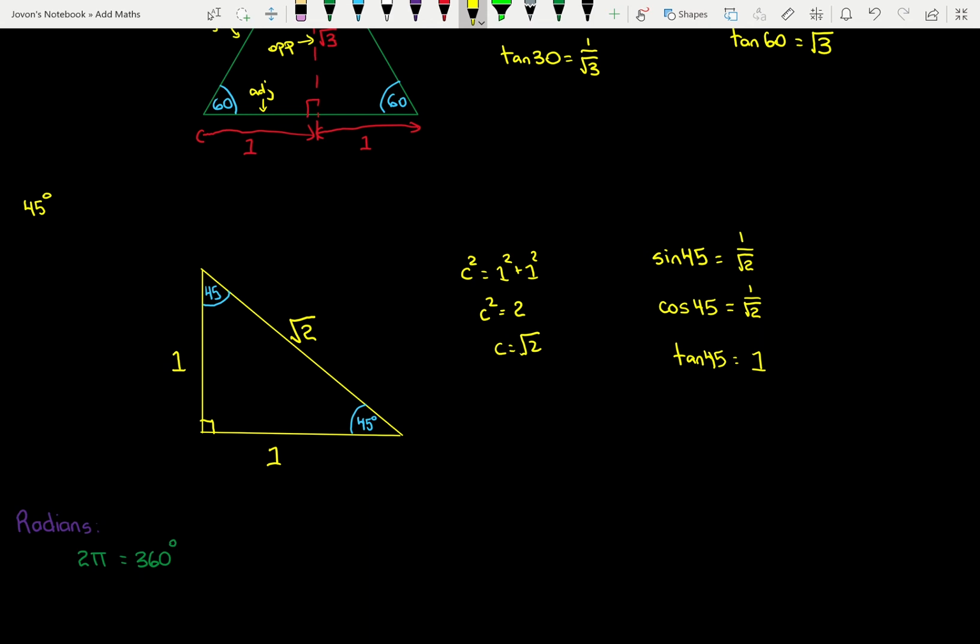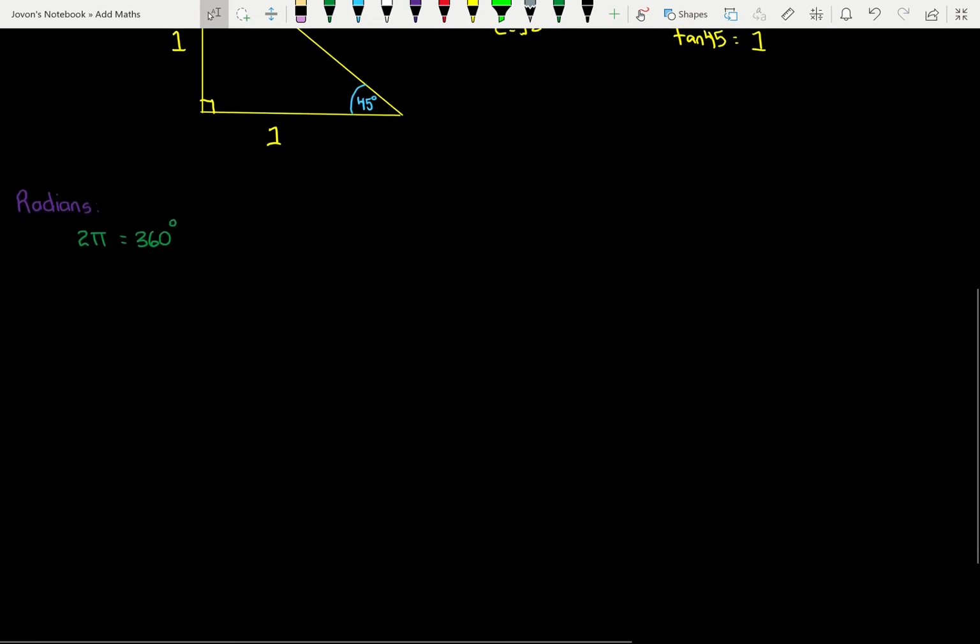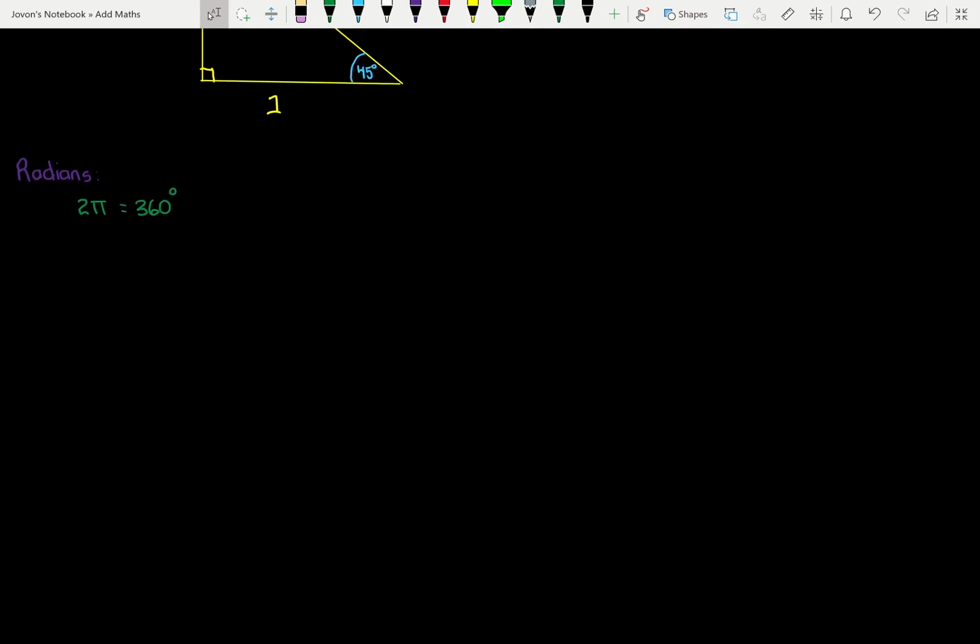Now we come to the last part of this video, which is radians. Just like degrees Celsius and degrees Fahrenheit are both units for temperature, degrees and radians are also both units for angle measurement. We normally use pi when representing radians. 2 pi radians is equal to 360 degrees.